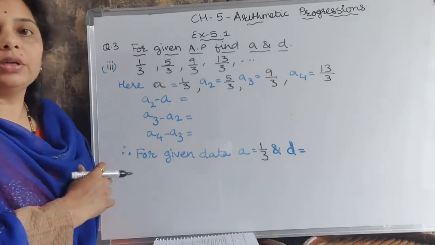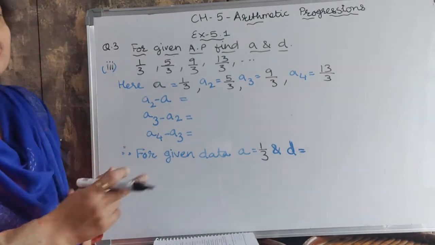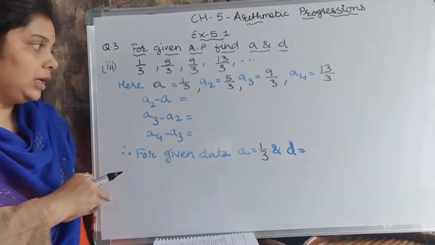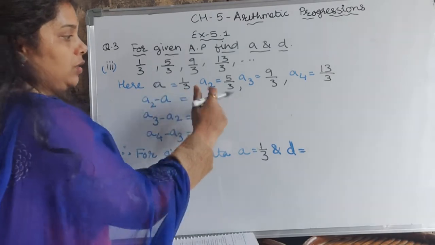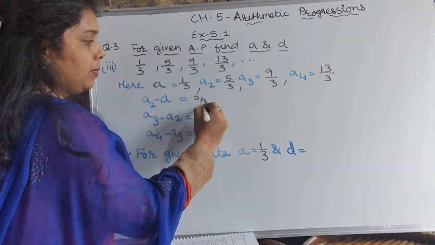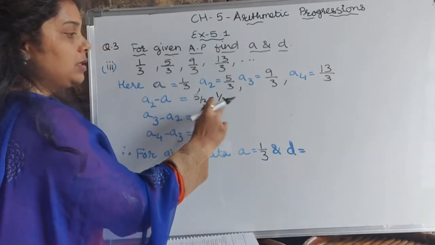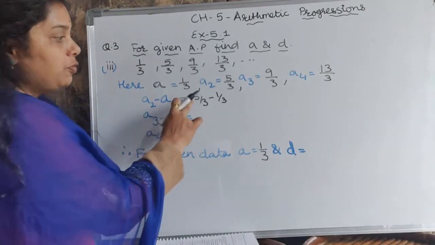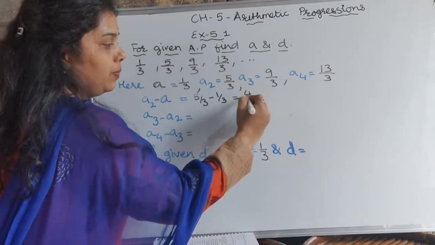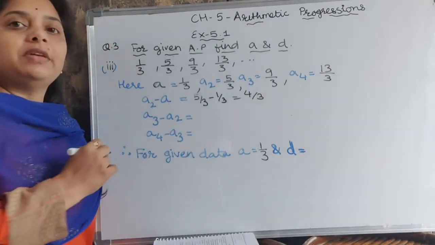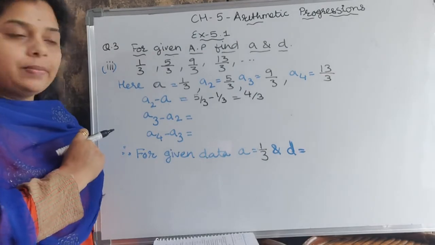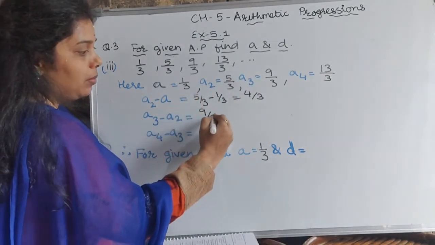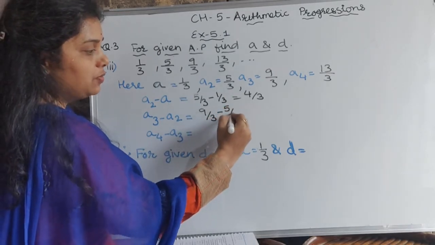Now find out D again with the same method: A2 minus A1, A3 minus A2, A4 minus A3. So A2 minus A is 5 by 3 minus 1 by 3. As the denominators are the same, no need to take LCM. So 5 minus 1 is equal to 4, and 4 by 3 is the value of A2 minus A. Similarly, A3 minus A2: A3 is 9 by 3 minus A2 which is 5 by 3.